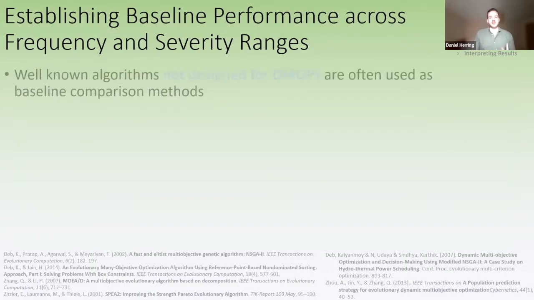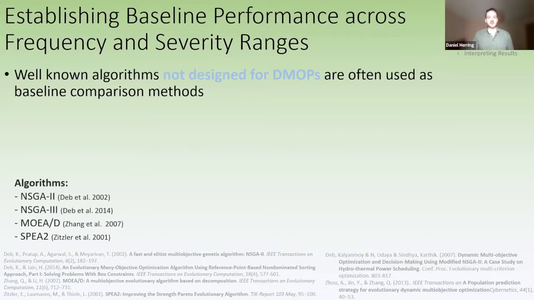So we can establish these baselines in the context of performance of some well-known static algorithms, meaning multi-objective evolutionary algorithms not originally designed to cope with problems that have dynamic changes. These well-known algorithms, the NSGA2 and 3 algorithms, SPEA2 and MOEAD in particular, are often employed as comparison methods for novel dynamic algorithms to try and provide some kind of context for their results. However, the true potential of these algorithms is not reported across the possible dynamic instance space, and very few combinations are usually examined.